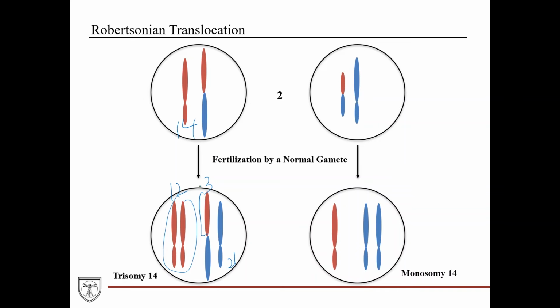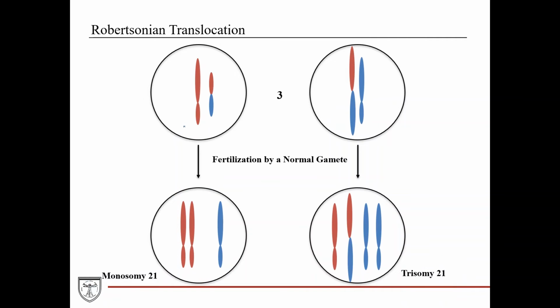So you essentially have 1, 2, 3 copies of 14, hence trisomy 14, and then you have 2 copies of 21 because you still have this long arm of 21. So on this side it's normal, but on this side you have 3 copies of 14. Over here you have these short arms that are fused. This is going to disappear. You're going to be fertilized with a normal gamete, and so you'll have 2 copies of 21 and only 1 copy of 14, so monosomy 14.